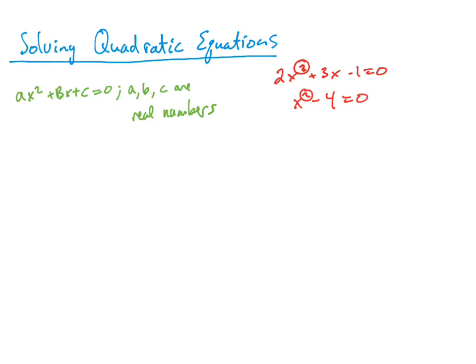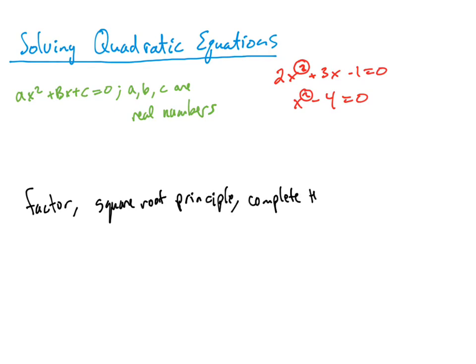In this video, we'll be going over 4 of them. We can factor. We can use the square root principle. We can complete the square. Or we can use the quadratic formula. I'll be going over an example of each of these.